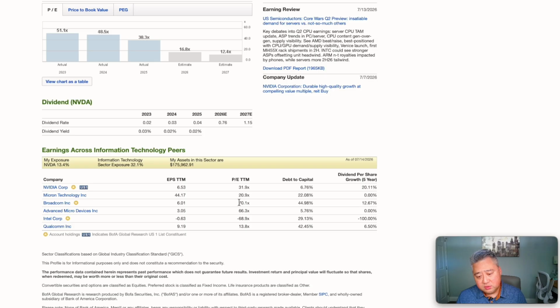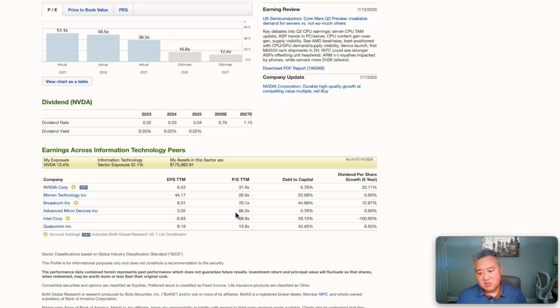Relative to the industry average, you have a few that are dragging them down, right? You look at Micron, Qualcomm and Intel, those are significantly lower in terms of PE ratio relative to Nvidia. However, you look at Broadcom and AMD, those are very high PE ratios relative to Nvidia.